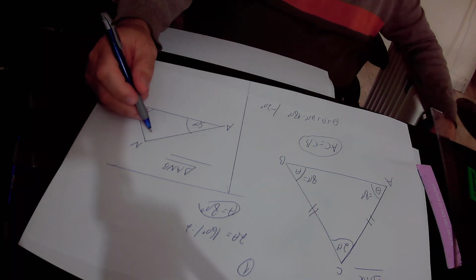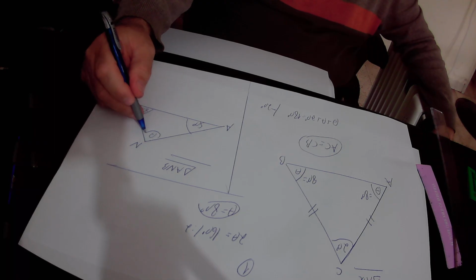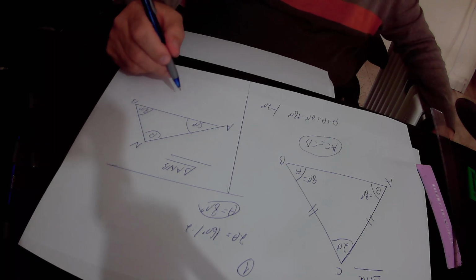We define the missing angle as theta. The sum of the angles in this triangle must be equal to 180 degrees.